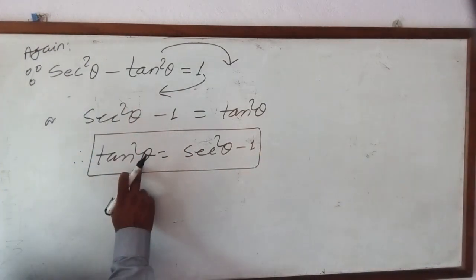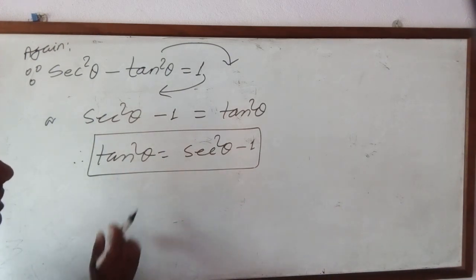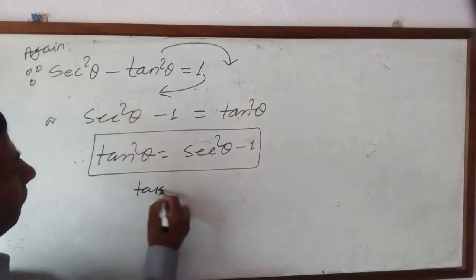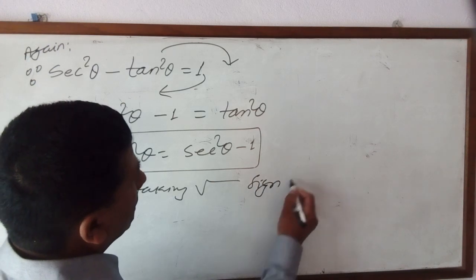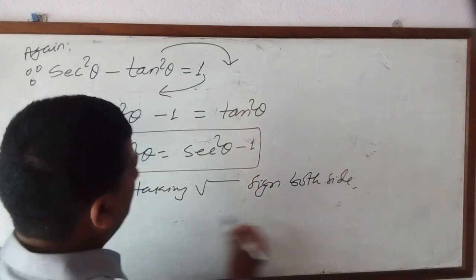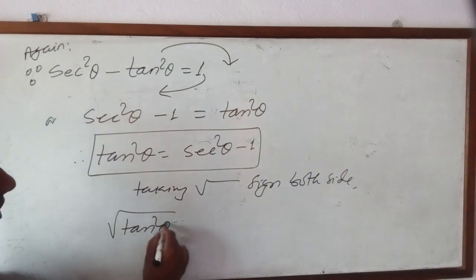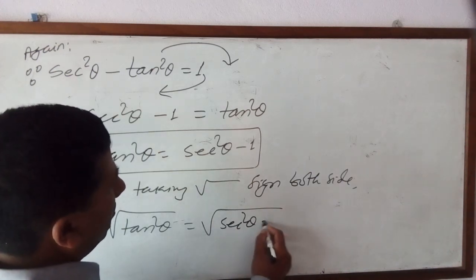Now if you want to remove this square from the left hand side, then take the root sign both sides. Then it will be root under tan square theta, root under sec square theta minus 1.